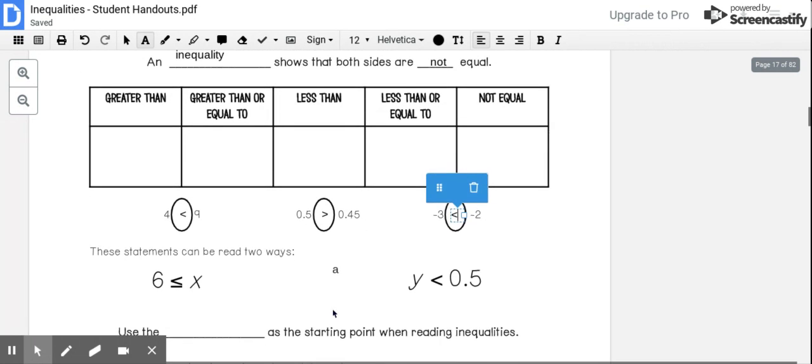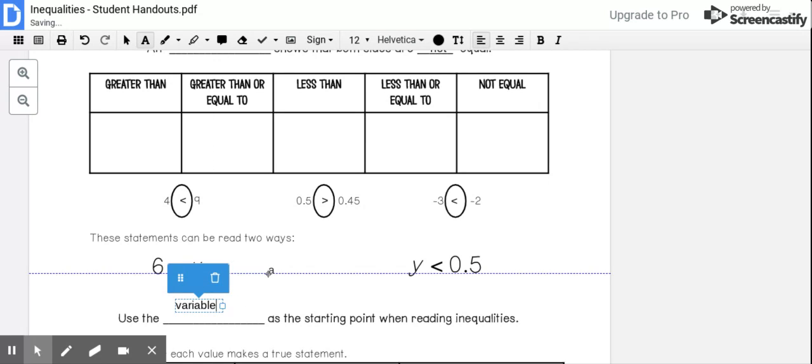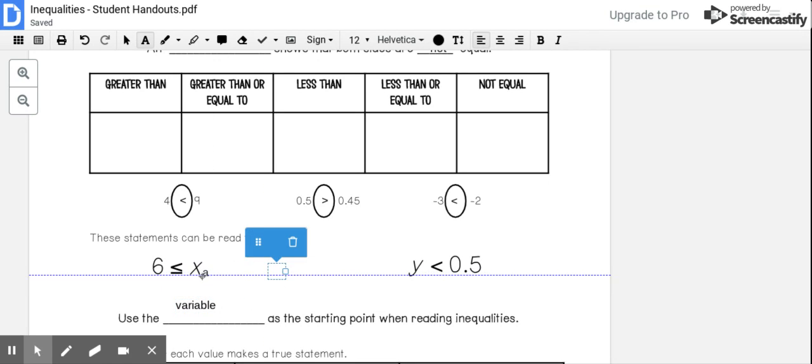And then we need to talk about how to read these. It's really important that you read it starting with the variable. So we're going to use the variable here. So we would read this one up here as x is greater than or equal to 6. I know it seems weird saying it backwards.